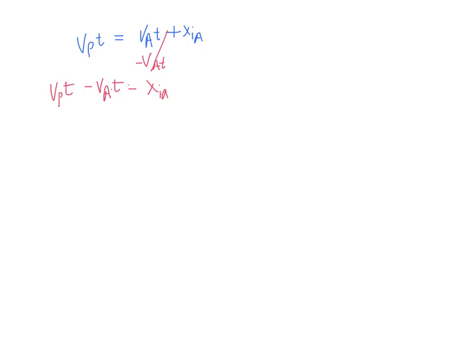I know this looks a little weird that we're just working with variables right now, but this is going to be a really important skill that you make sure that you understand. Now that we have a t here and a t here, and that's what we're trying to solve for, I'm going to factor out that t.